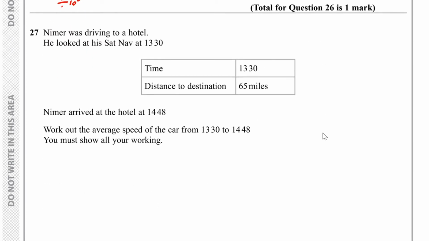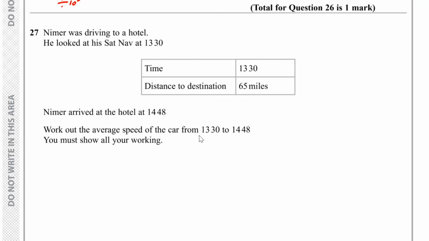Question 27. Nimmer was driving to a hotel. He looked at his sat-nav at 13:30, so we've got the time over here and the distance to the destination. Nimmer arrived at the hotel at 14:48. We have to work out the average speed of the car from 13:30 to 14:48. You must show all your working.